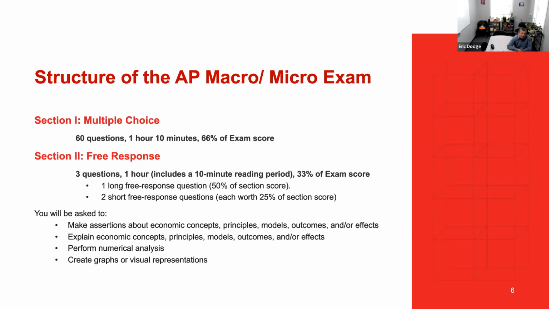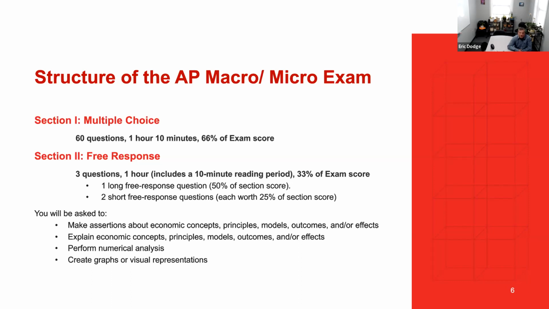They break the FRQs down into one they call long question, that's worth 10 points, and 2 short questions that are each worth 5. The economics exams, if you're a student, probably aware, are different from a lot of AP subjects.